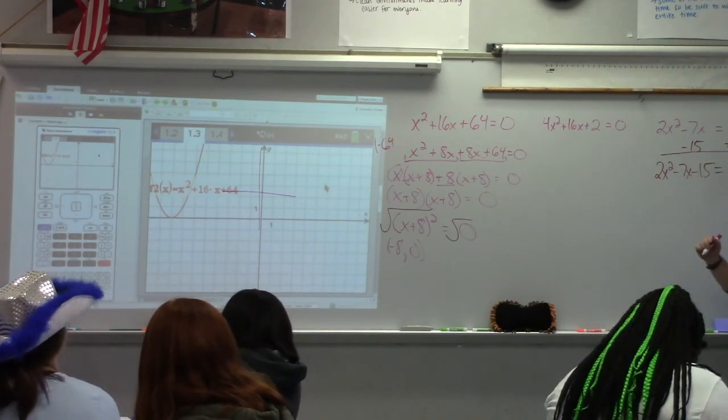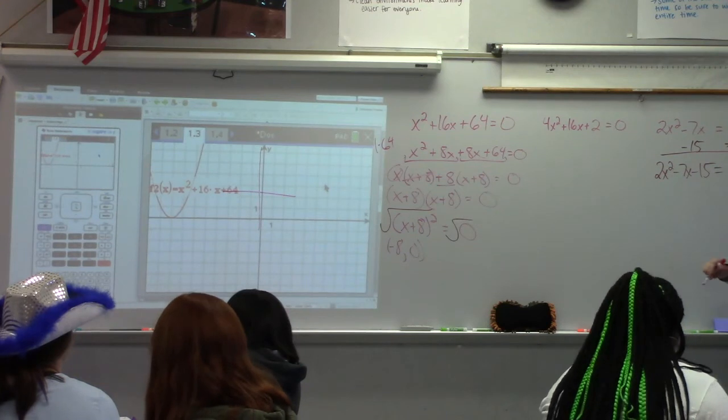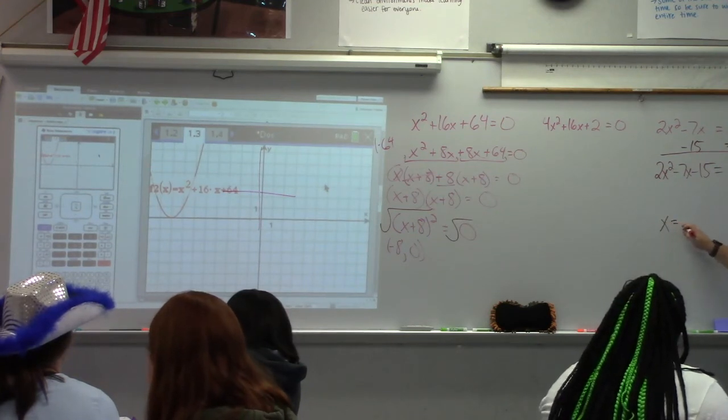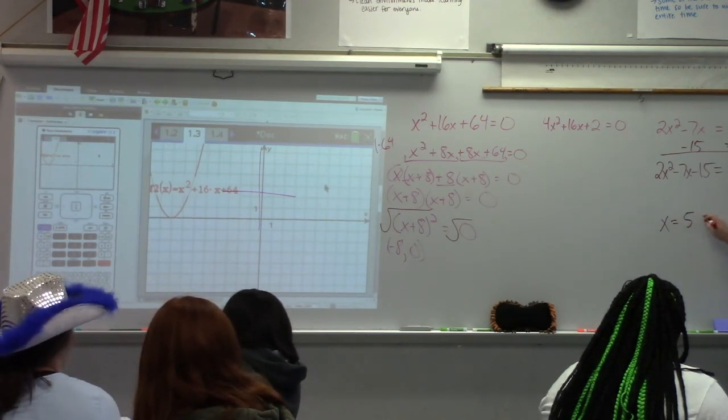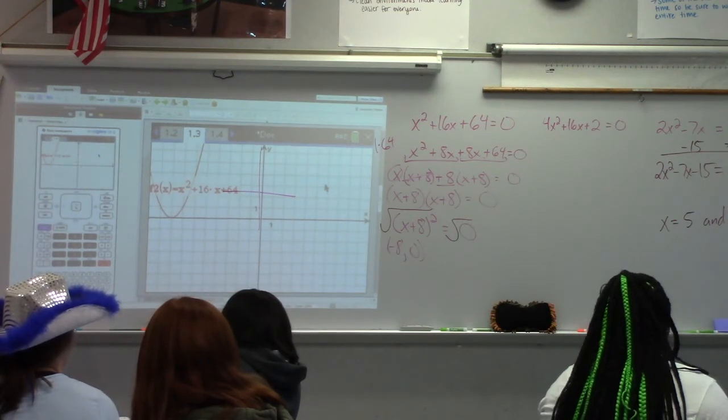Okay, I think a couple of groups did this one. When you use the quadratic formula, at the end you got x equals what? What kind of roots are those, or what kind of numbers are those? Well, that one's an integer, but that one is a rational number.